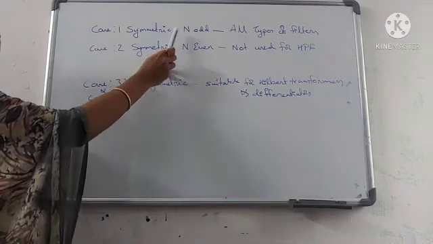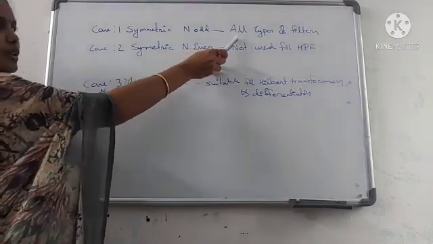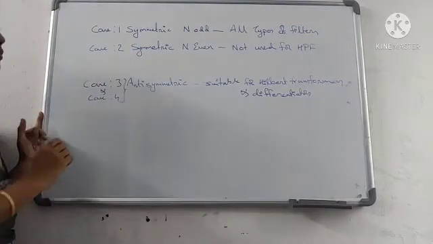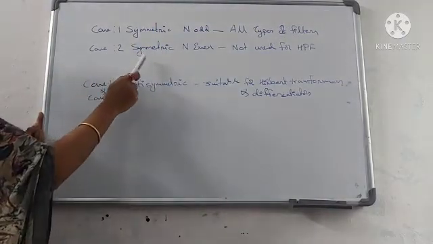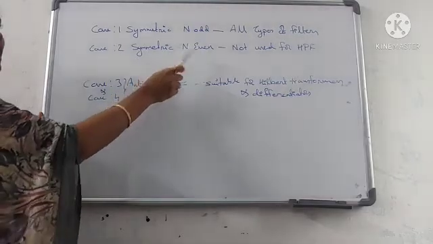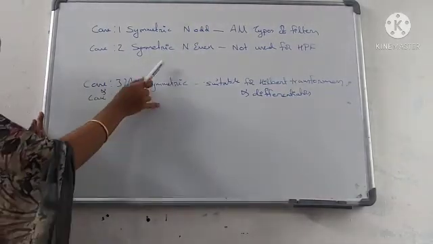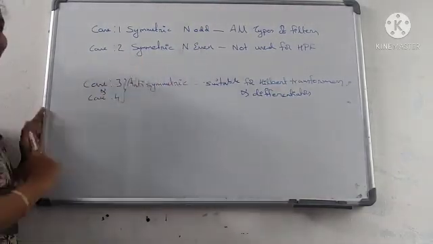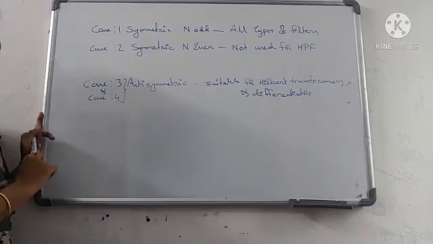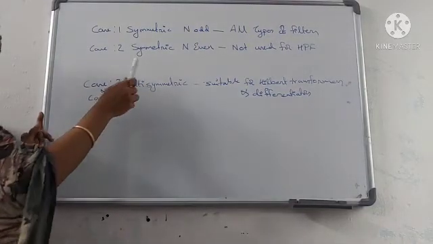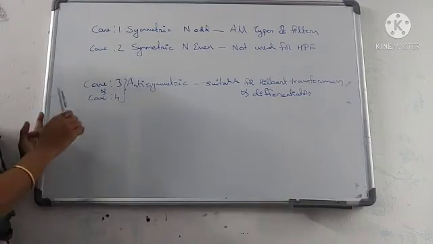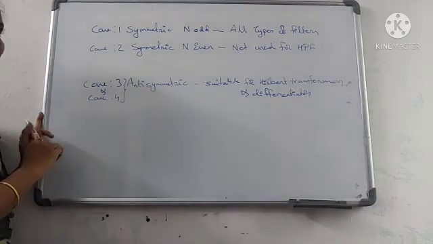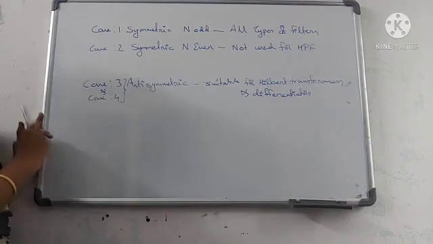Case 1, that is symmetric when n is odd, is useful for all types of filters. Whereas case 2, the symmetrical impulse response when n is even, is not used for high pass filters. For the remaining filters, symmetric with n even is used for band pass, low pass and band reject.